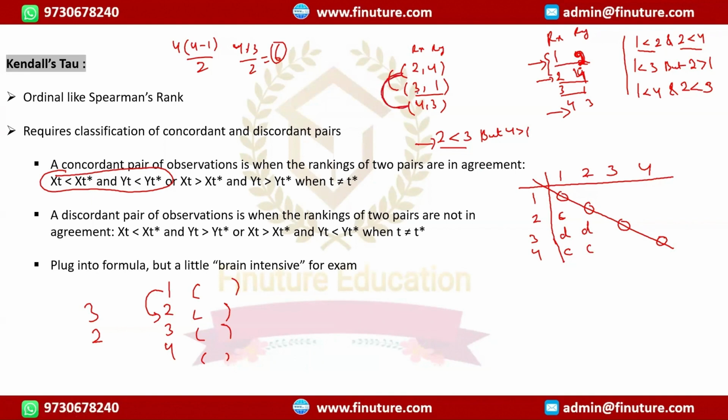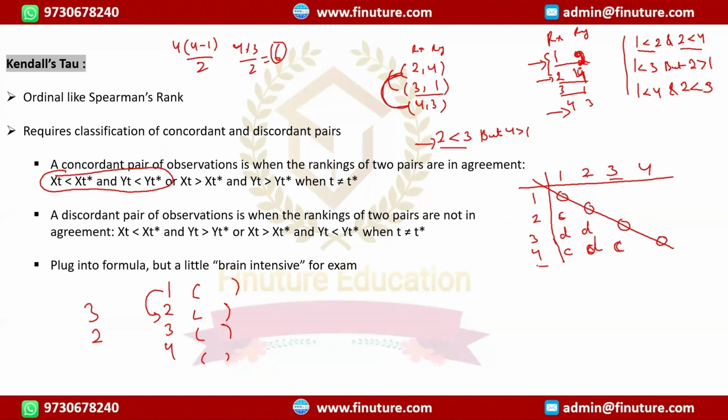So two is less than four. Four is greater than three. So this is a discordant pair. Now I'll compare three and four. That we already saw was concordant. Three is less than four and one is less than three, so it is a concordant.